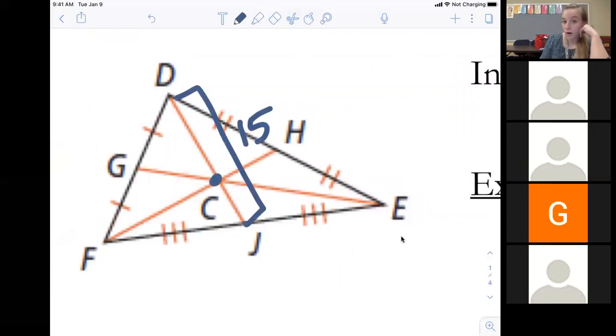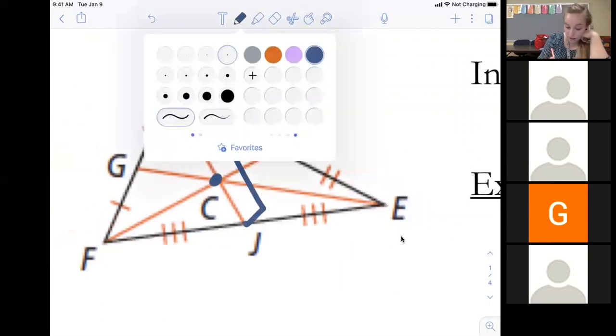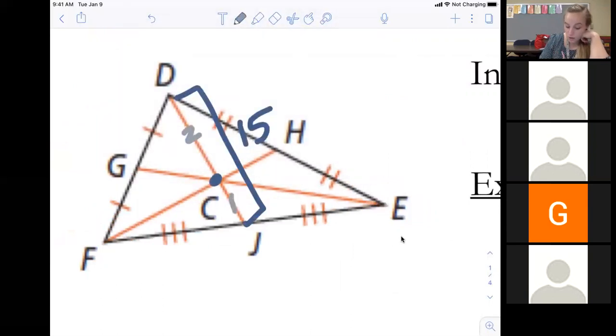Well, we knew before that if DC was 2 and CJ was 1, then the whole distance is 3. CJ is 1/3 and DC is 2/3. So I can divide by 3 in order to figure out how much CJ is. CJ is just 5.